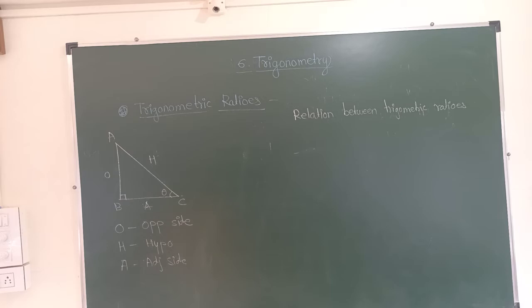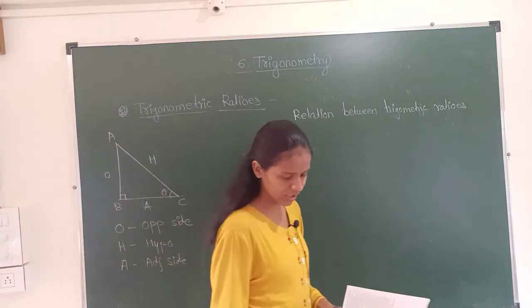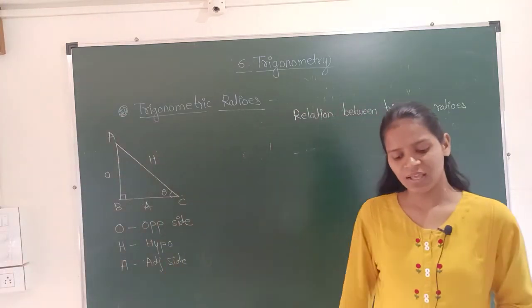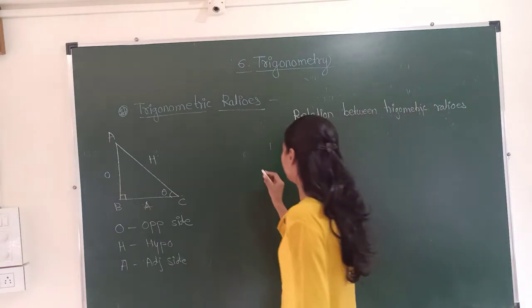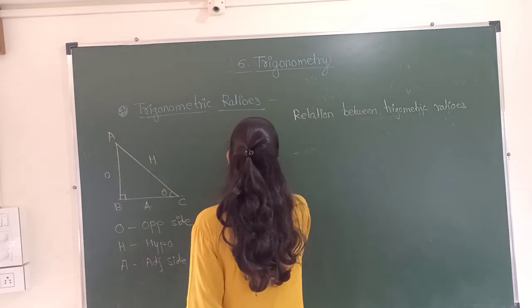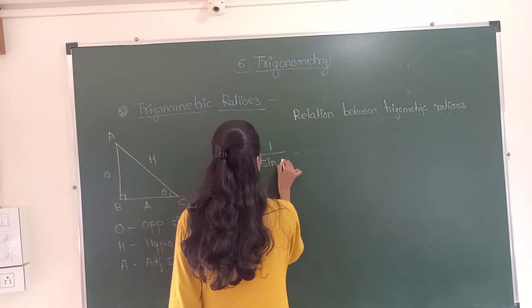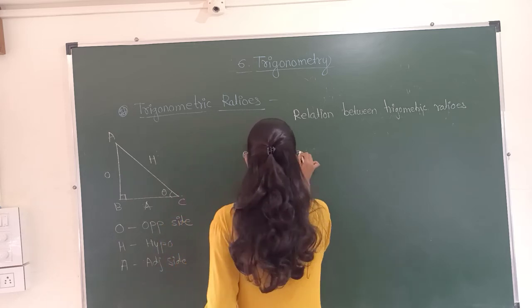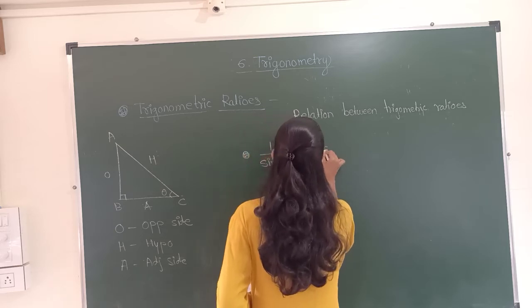As we have seen the trigonometric ratios for sin, cos, tan, cot, sec, cosec, we will see the relation between trigonometric ratios, that is the relation between sin, cos, tan and cosec, sec, cot respectively. The first relation: 1 upon sin theta is equal to cosec theta.